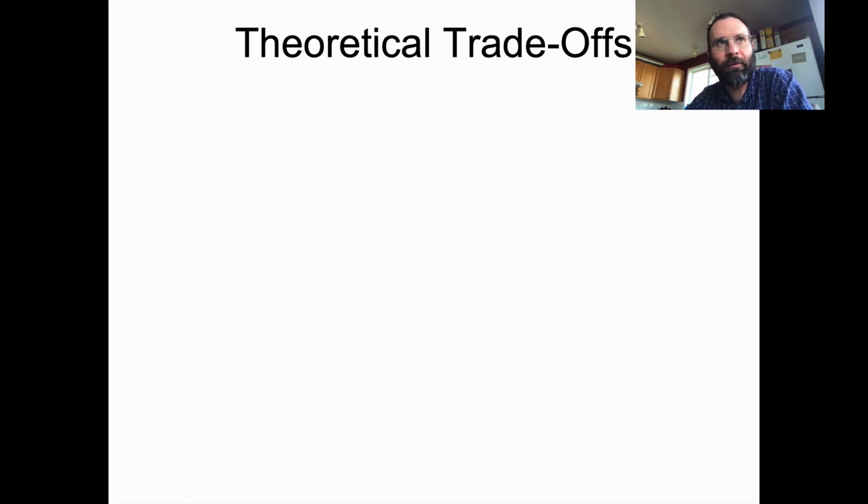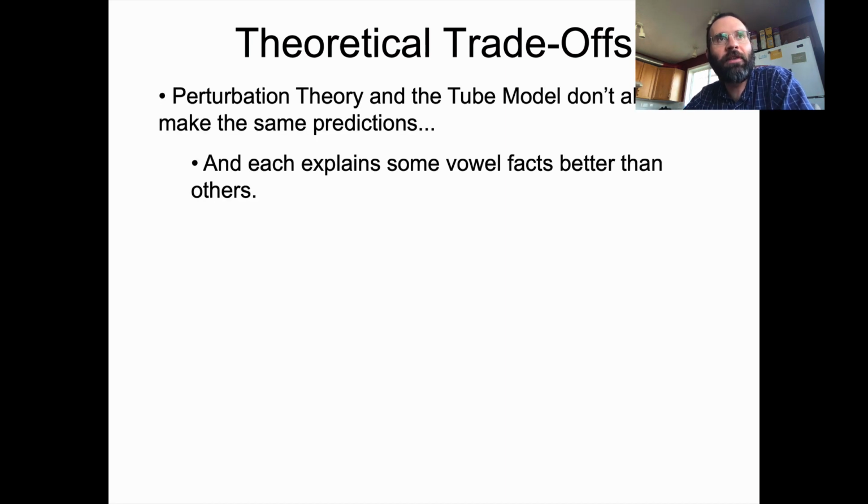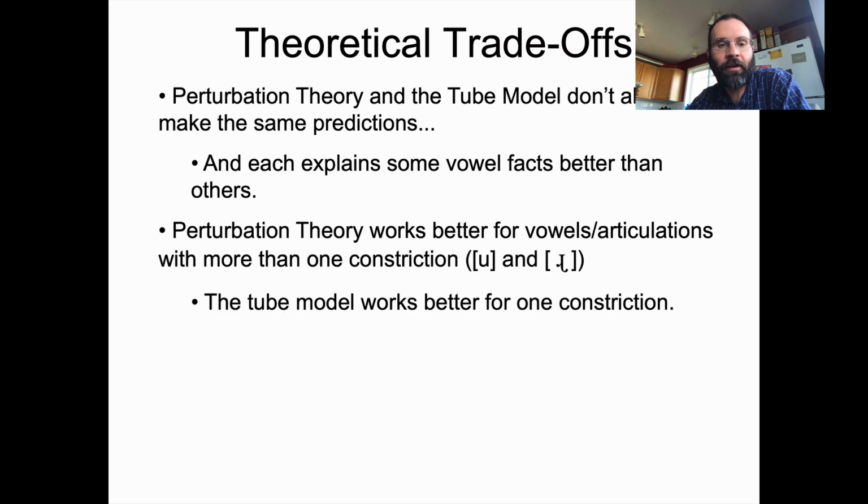At least in this little segment, we'll talk a little bit about how it relates to music in the next one. But like I said, there are kind of trade-offs in terms of which theory you'd prefer to use, given what you're trying to explain in acoustic phonetics. So perturbation theory and the two-tube model don't always make the same predictions, and it turns out that each explains some vowel facts better than others.